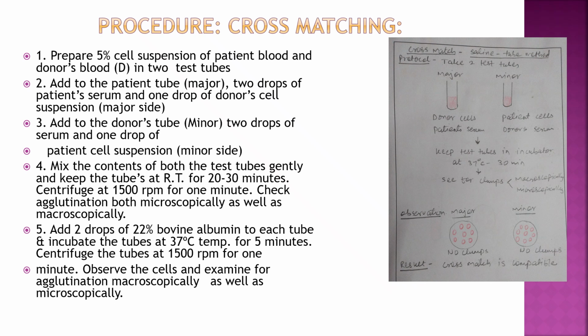Then keep these test tubes in the incubator at 37 degrees Celsius for 30 minutes and then look for clumps macroscopically, that means visually, by just mixing the reagents in the test tube, and microscopically, that means take one drop of each major and minor on a slide, put a cover slip and see under the microscope. If clumps are there, that means it is not compatible. If no clumps between RBCs are seen, that means the cross match is compatible.